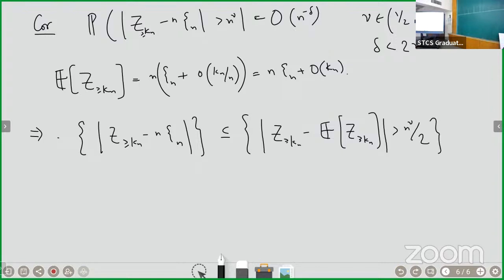I want to claim that this is true. So all I've done is replaced n times the survival probability with the expected value.